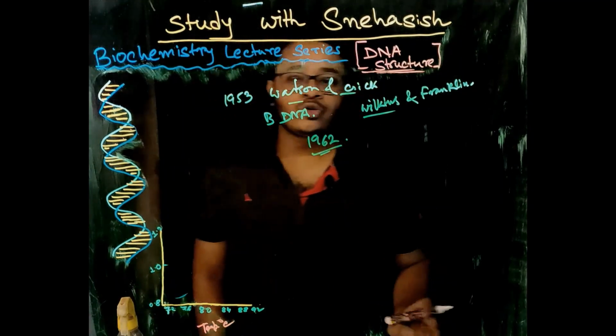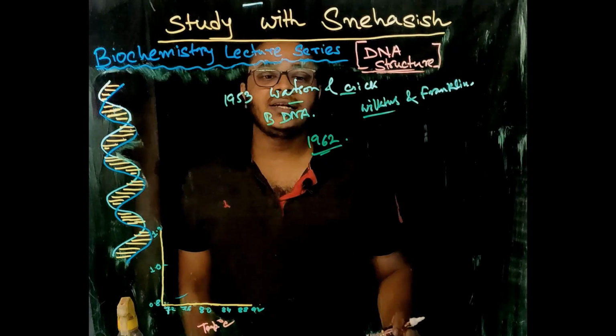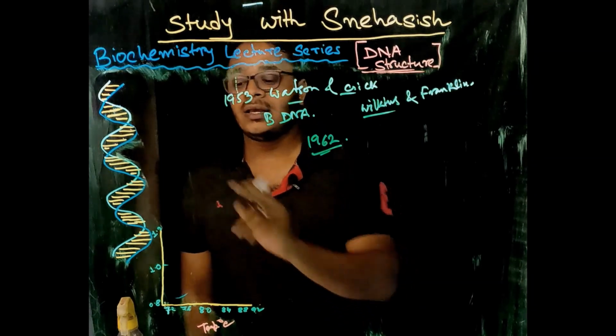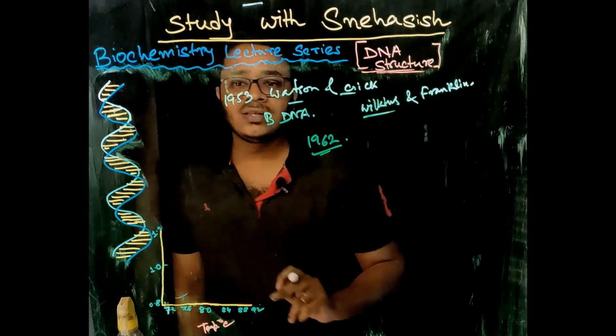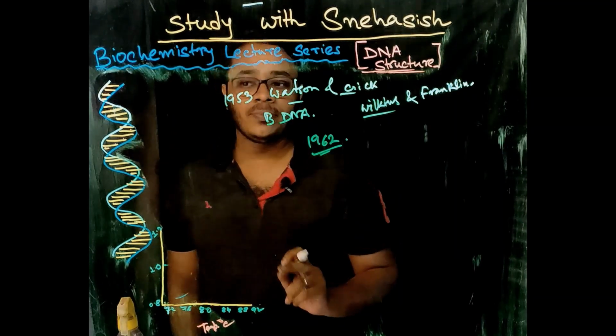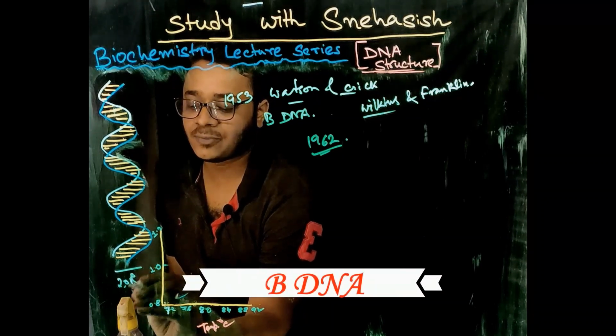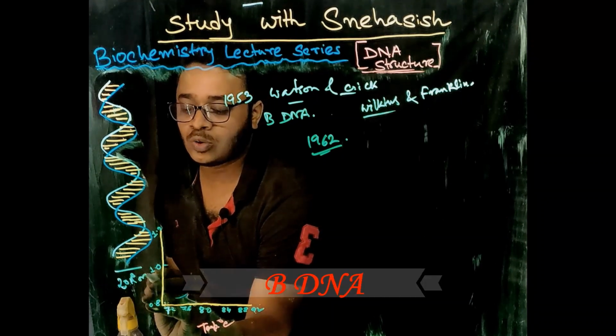Okay, so the double-stranded DNA, which is the B-DNA discovered by Watson and Crick, is this. The double-stranded DNA or B-DNA has a diameter of 20 Angstrom or 2 nanometer.